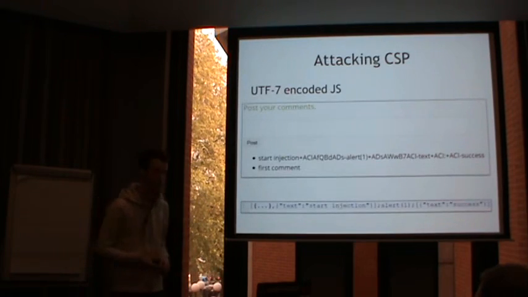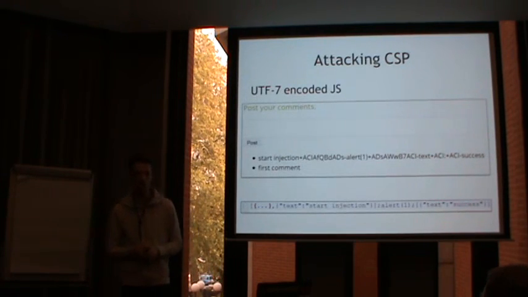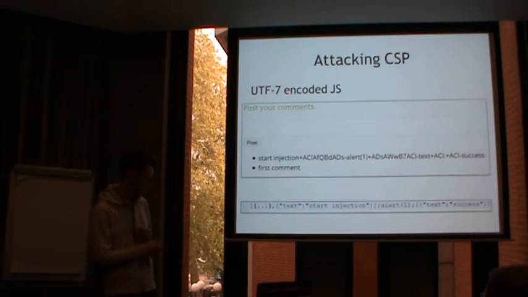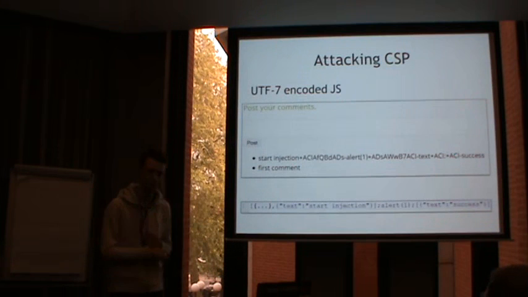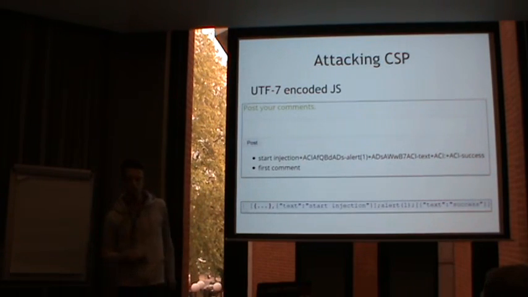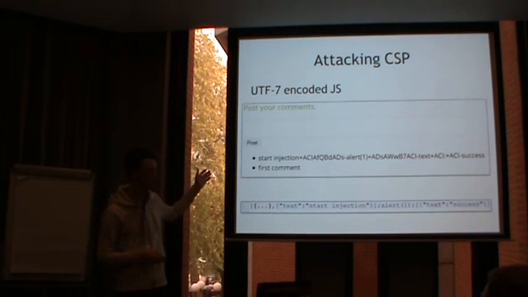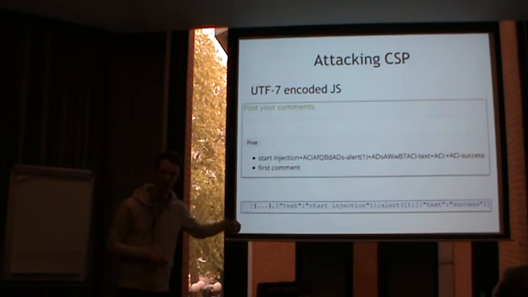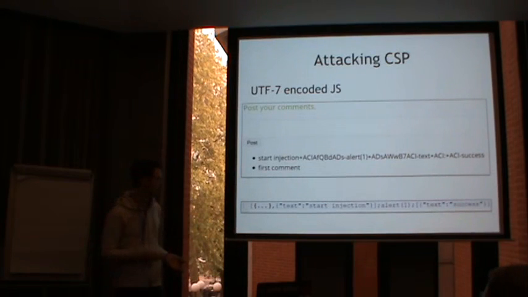What we can do is UTF-7 encode it, and I actually never worked with UTF-7 before this, so that was something new for me. What you get is that the exact same payload is now this string, and if you take a look at it, there are no double quotes in there. So it's not escaped, and we can inject it. This is the exact same string as will be stored in the JSON file, so it's not been altered.